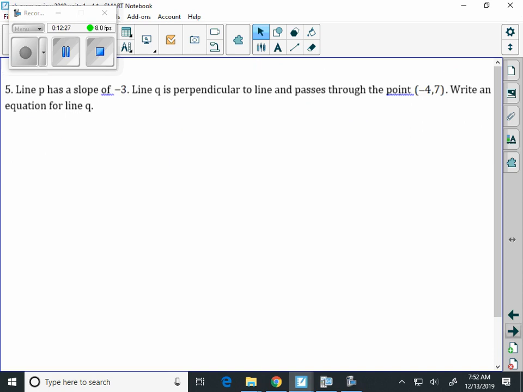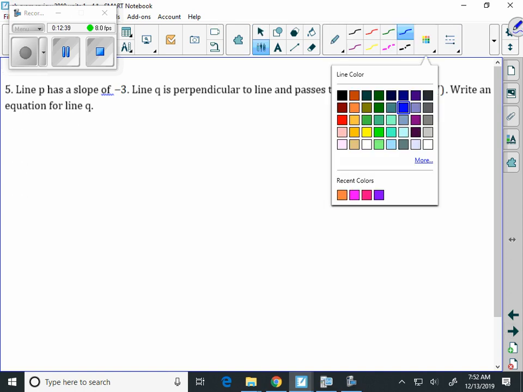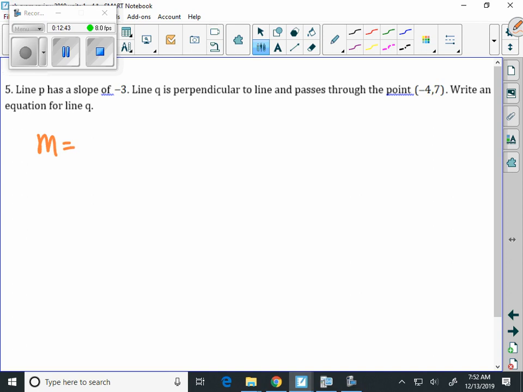Problem number 5. Line P has a slope of -3, and it's perpendicular to a line that passes through the point -4, 7. So first of all, when we take a look at this particular problem, what we see is that the slope, remember the slope is abbreviated with m, is -3/1, if I write it like that.